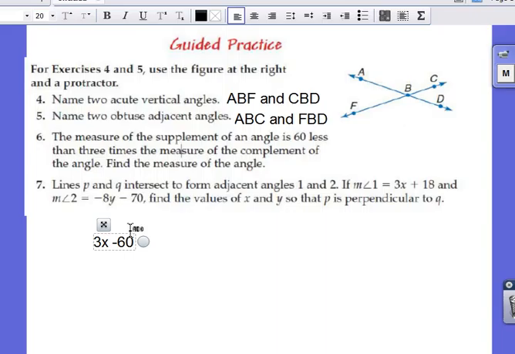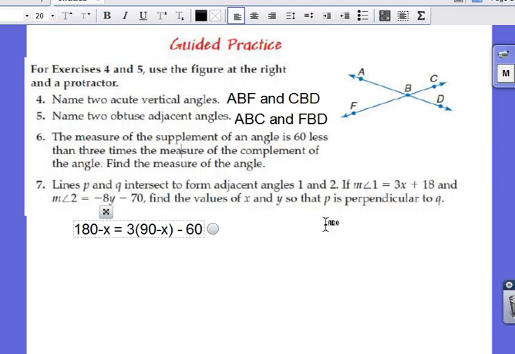Okay, the measure of the supplement. So the measure of the supplement would be 180 minus x is equal to 3 times the measure of the complement of the angle. So that would be 90 minus x. Okay, this is what I got. Let's see if this works out.